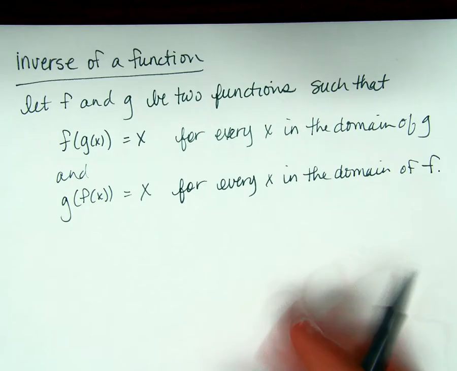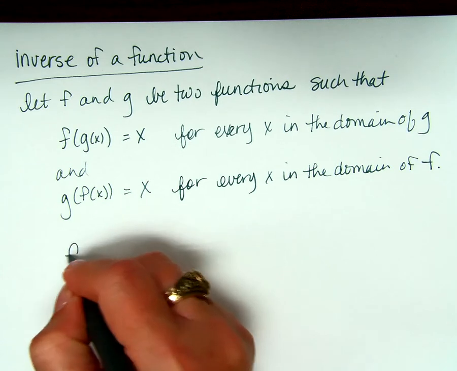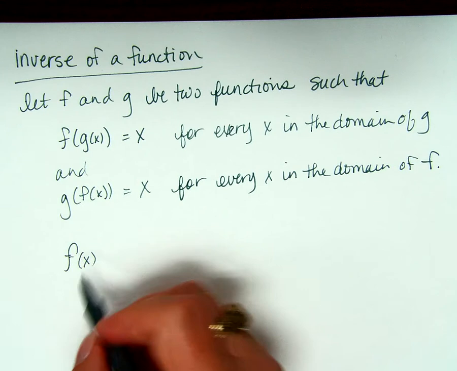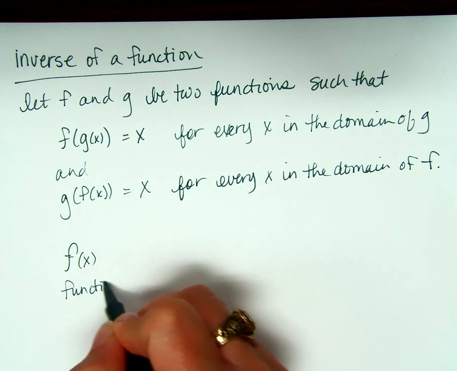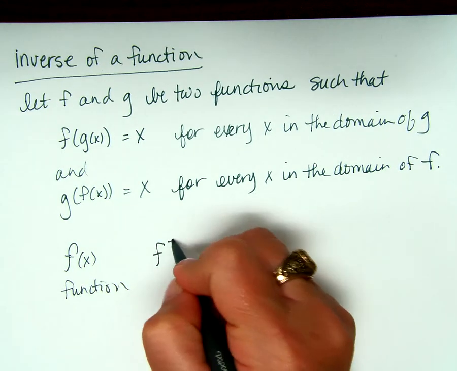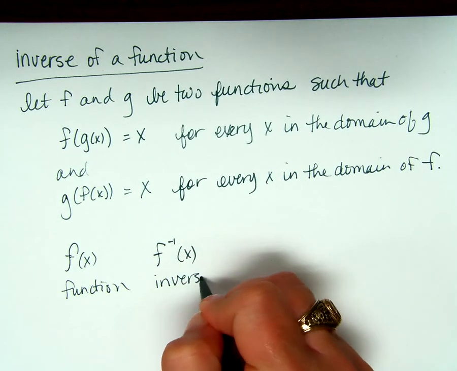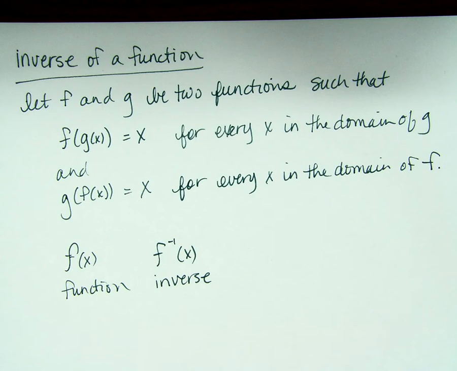Now, we typically use f of x to talk about a function, right? This is the function. We say f negative 1 of x to talk about its inverse. That's the notation that we're going to be using.